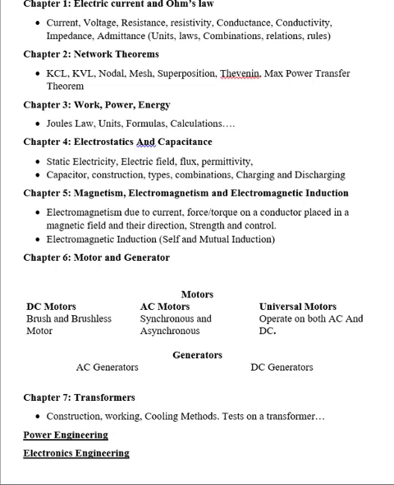In chapter number 4 we study electrostatics and capacitance. This chapter may be divided into two portions: electrostatics and capacitance. In the electrostatic portion we will study static electricity, what is electric field, what is flux, what is permittivity, how these charges are related to each other.